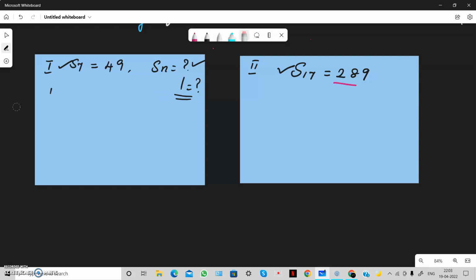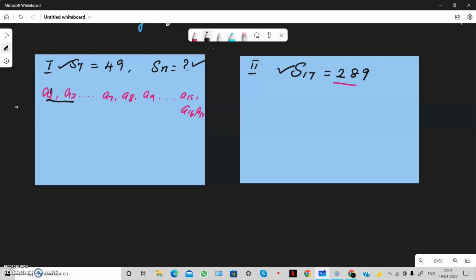Do you understand the question first of all? Let me explain again. In an arithmetic sequence, suppose the terms are A1, A2, and so on up to A7, A8, A9, and so on. This is all the terms of the sequence.